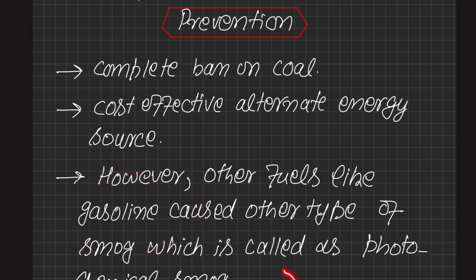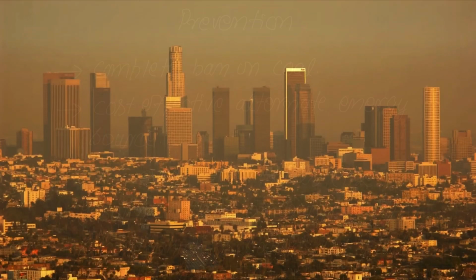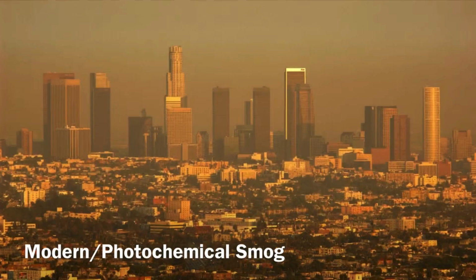However, gasoline has its own problems, and the smog caused by gasoline fuel is called photochemical smog or modern smog. The photochemical smog or modern smog is usually yellowish brown in color, and it is produced by the major fuel, which is gasoline. We will talk about this photochemical smog in the next lecture.